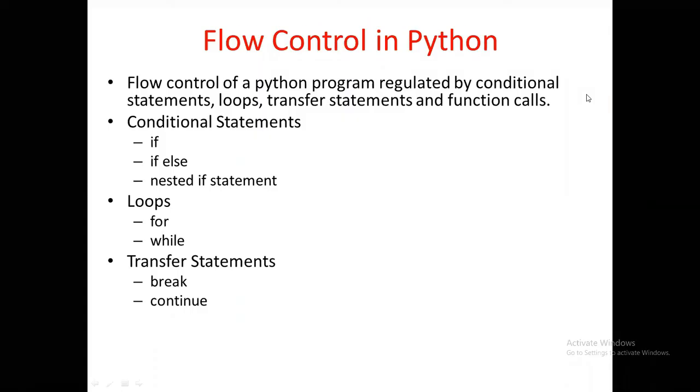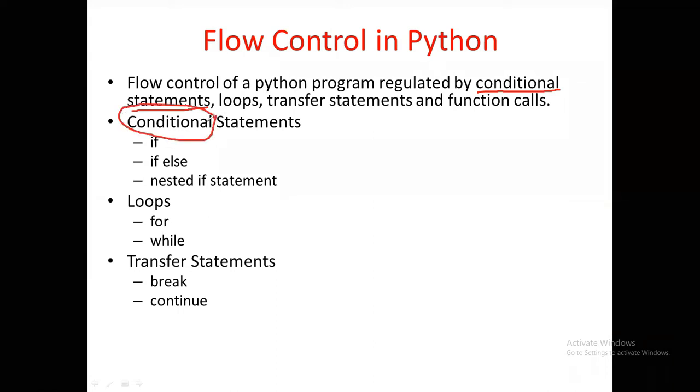Coming to the definition: flow control of a Python program is regulated by conditional statements, loops, transfer statements, and function calls. First, conditional statements. A conditional statement means you give some condition.